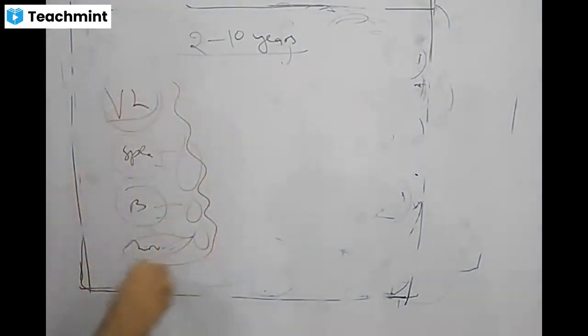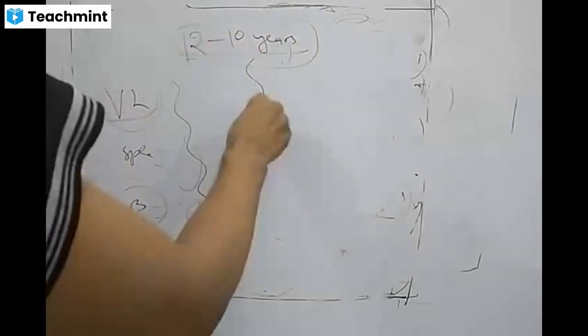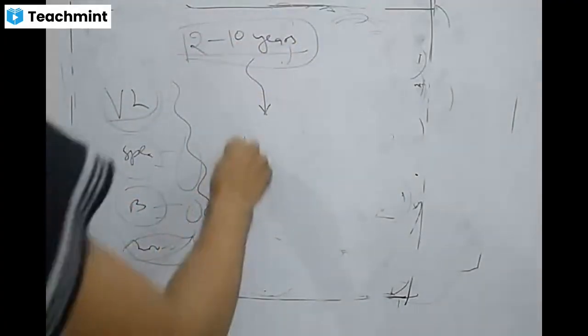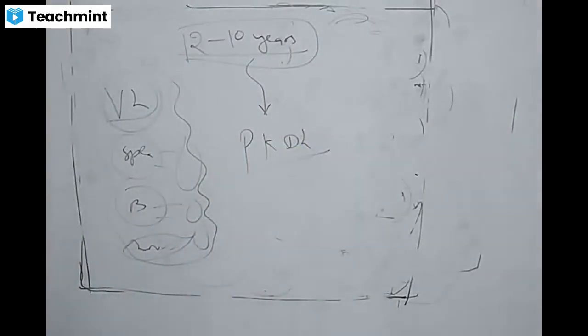Suppose you have treated the patient with sodium stibogluconate or any other drug. Then after 2 to 10 years, again something comes called PKDL.